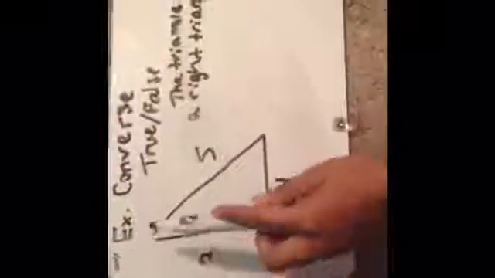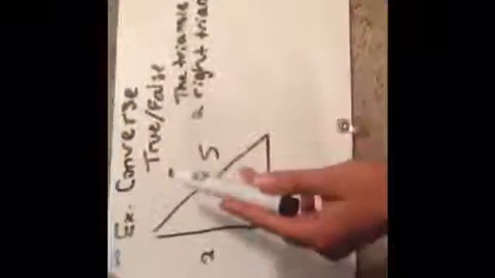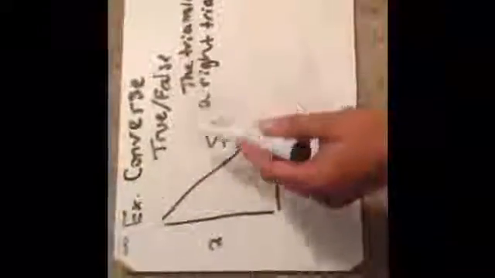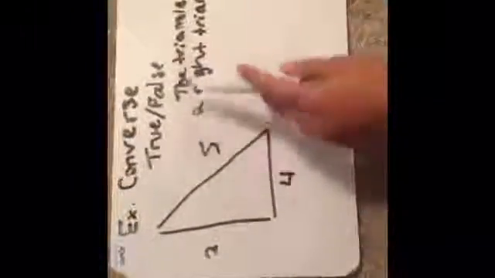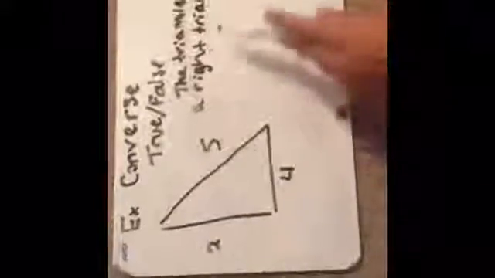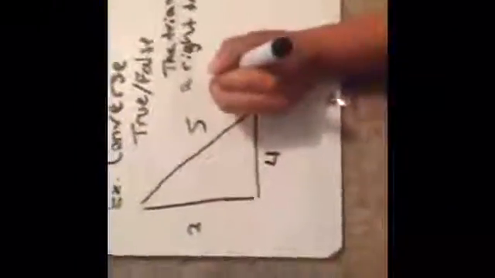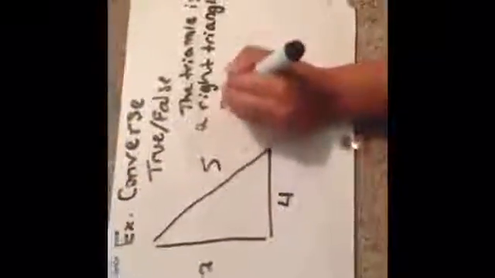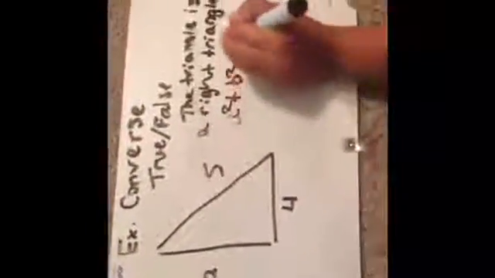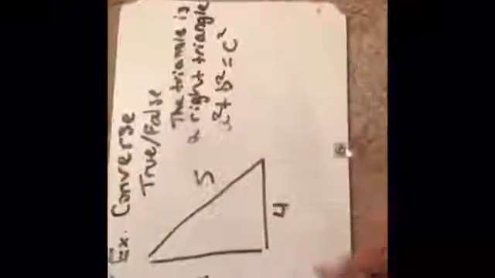The last thing is an example of the converse of the Pythagorean theorem. So we have to prove whether the statement, that this triangle is a right triangle, is true. To solve it, first we start with the equation a squared plus b squared equals c squared. We have all the variables, so all I have to do is plug in the numbers.